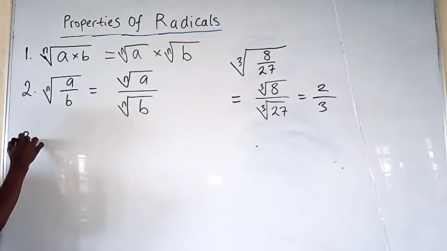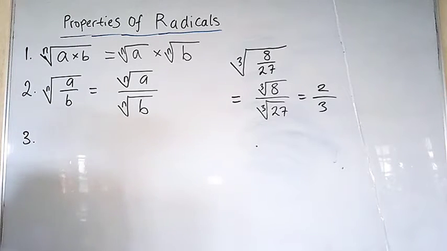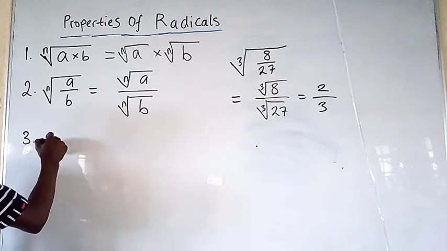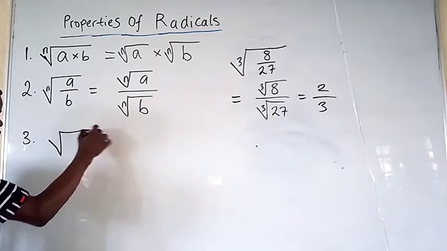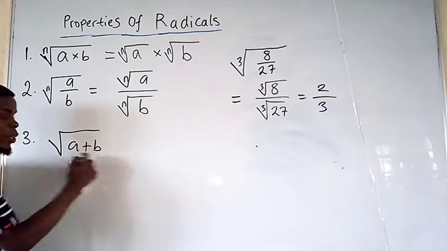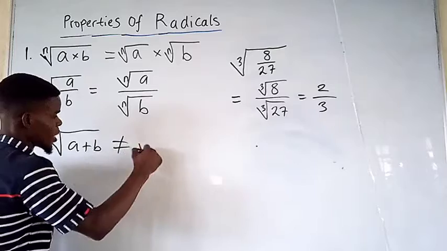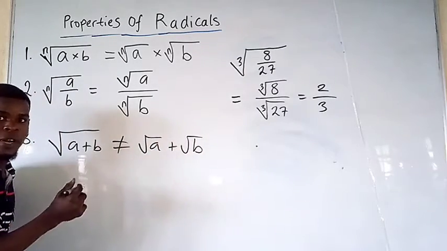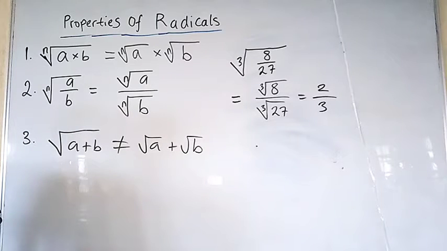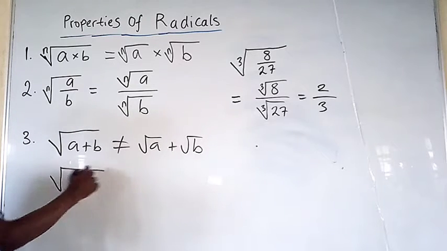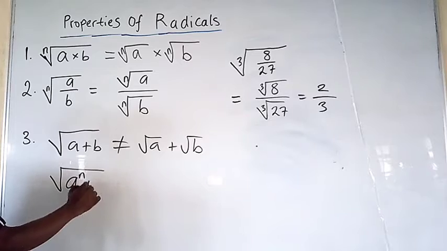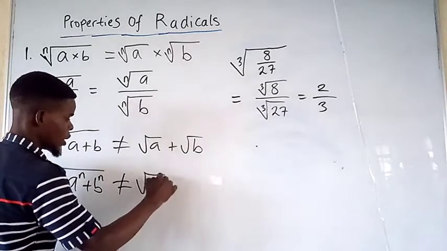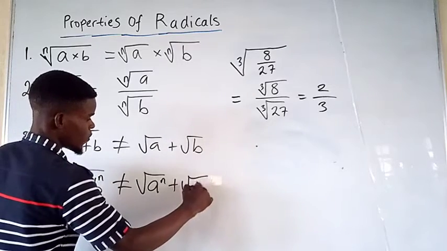Now I want you to know these ones. I just wanted to show you these two. When we have the square root, let me use square root as a particular case, of a plus b, this is not the same as the square root of a plus the square root of b. They are not equal. The same thing goes when they are being raised to some power: the square root of a to power n plus b to power n is not the same as the square root of a to power n plus the square root of b to power n.